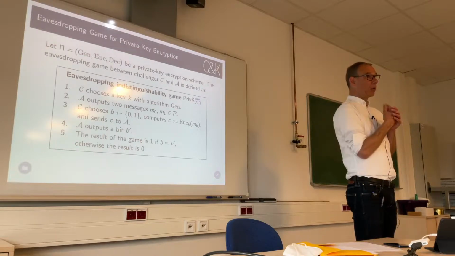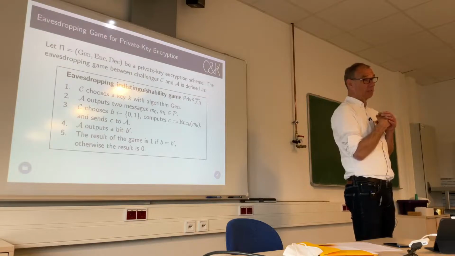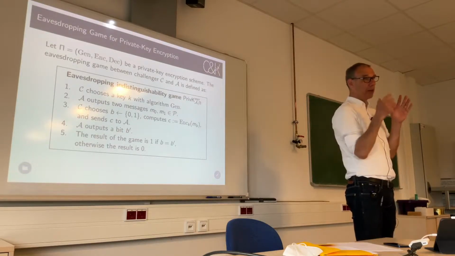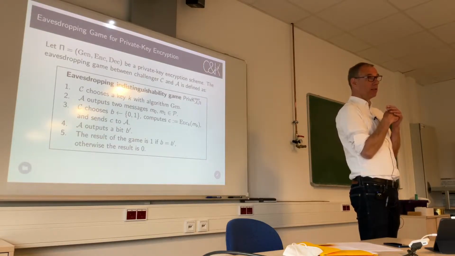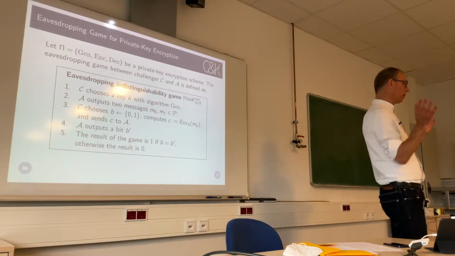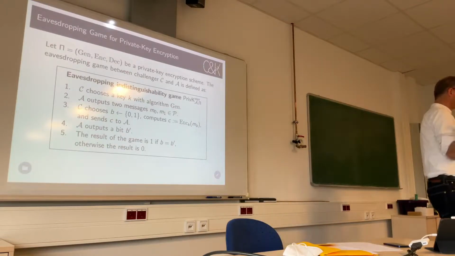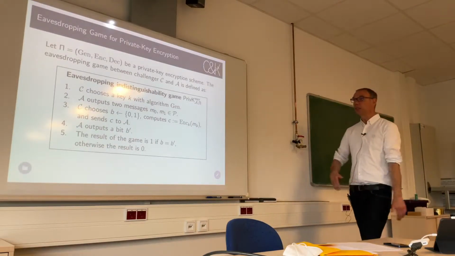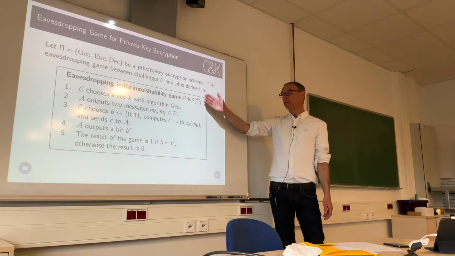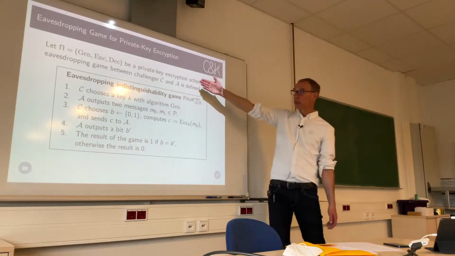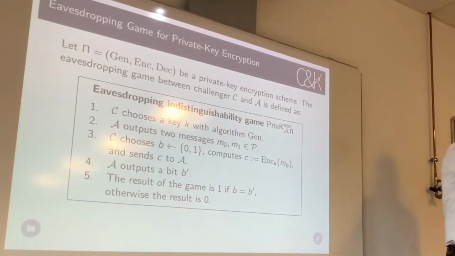And then you should be able to tell which of the two messages that you gave me I picked. If you can do that, I believe that you can break my scheme. If you cannot do that, and if no adversary can do that, then it should be perfectly secure, or perfectly secret. And this is the formalization of this game. So we have this private key encryption scheme for which we want to define perfect secrecy.